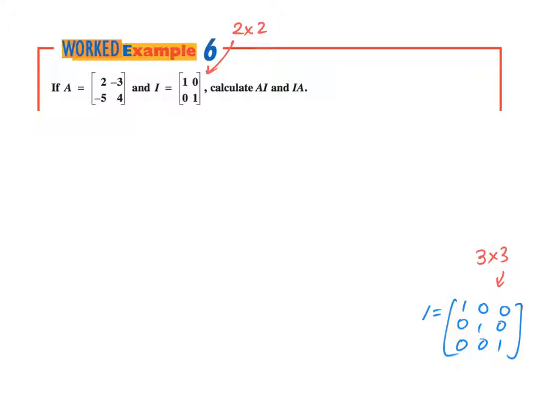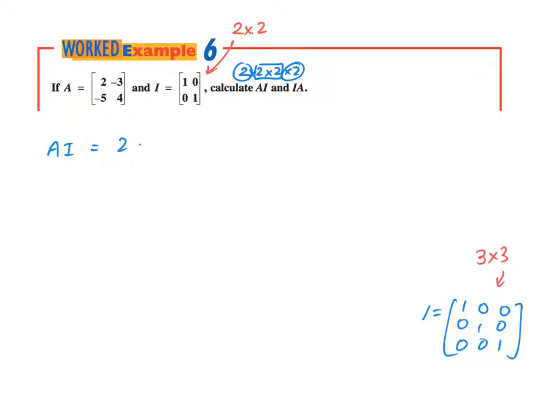So if we take the first one, A times I, let's make sure they're conformable, and automatically we can see here that a 2 by 2 matrix is being multiplied by a 2 by 2 matrix. So obviously, yes, they are, and we're going to have a 2 by 2 matrix. And the opposite, I times A, is going to give us the same result as well.